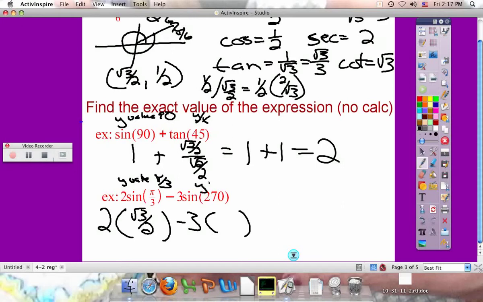We want the y value again, but this time at 270, and at 270 it's -1. So now we end up with 2 takes out 2, so square root 3 plus 3. Done.